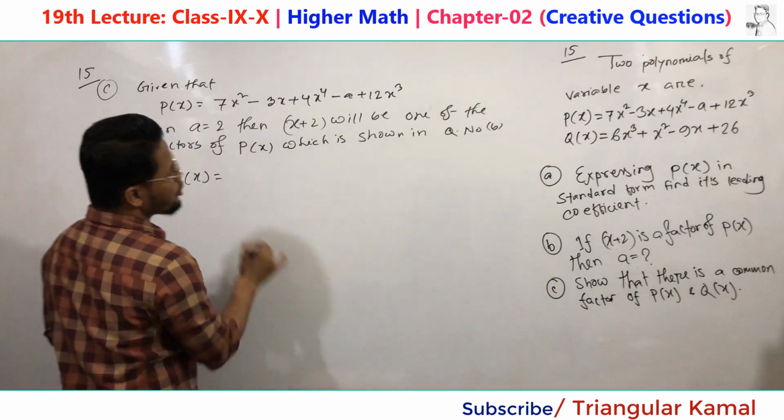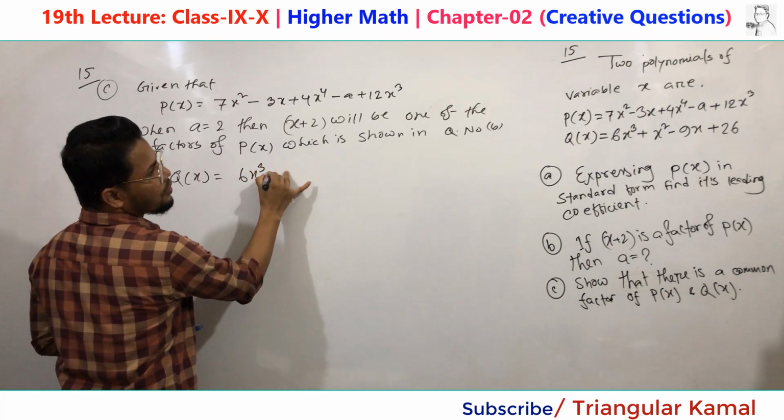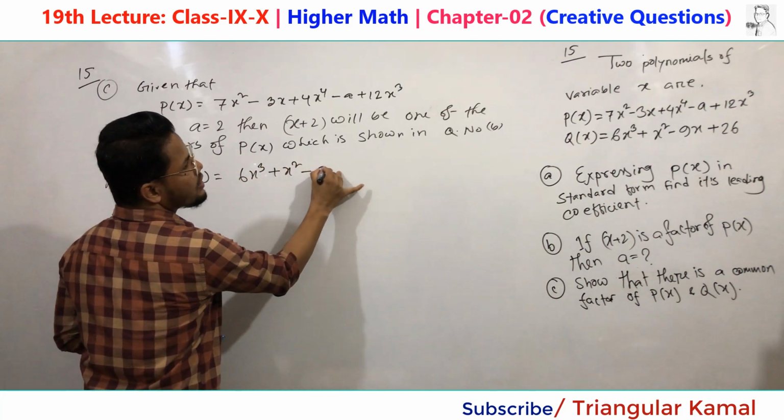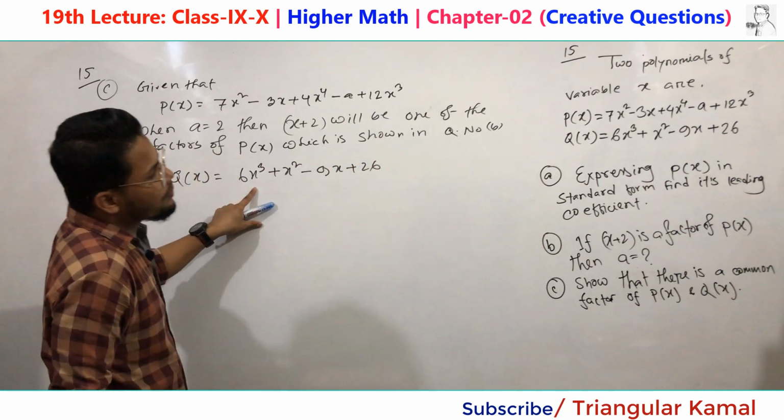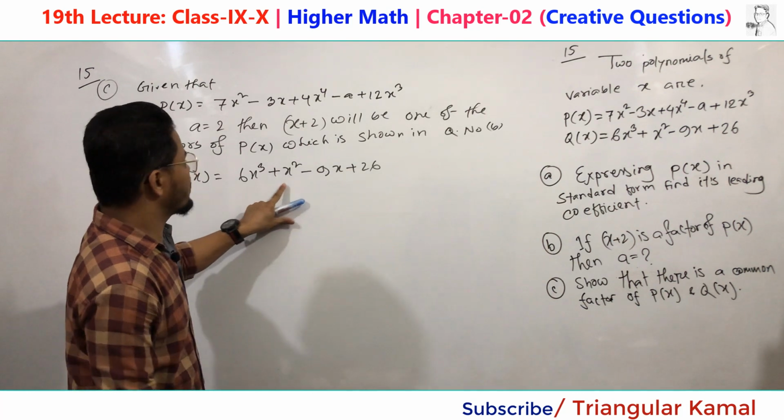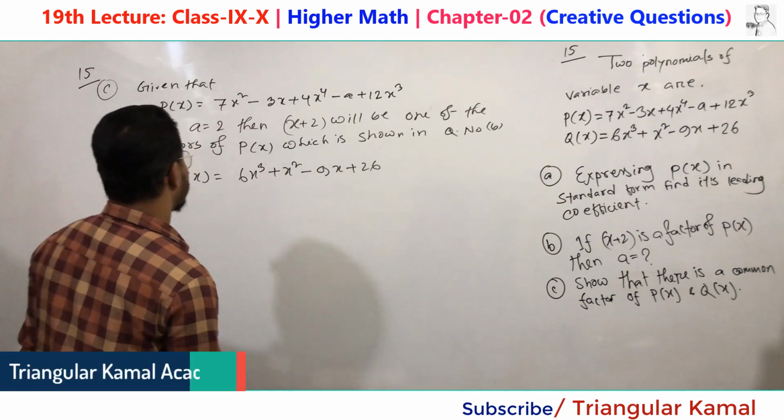The information of q of x: q of x equals 6x cube plus x square minus 9x plus 26. Just review again: 6x cube plus x square minus 9x plus 26.